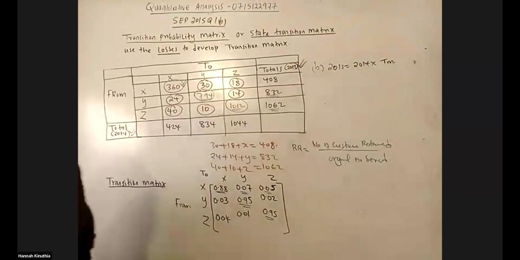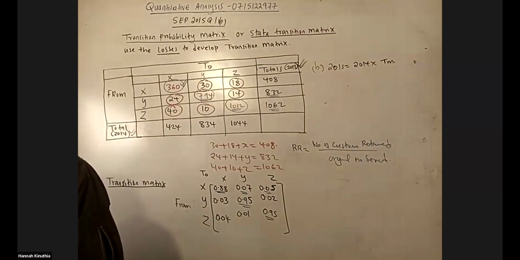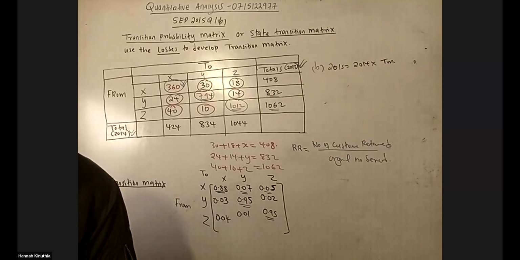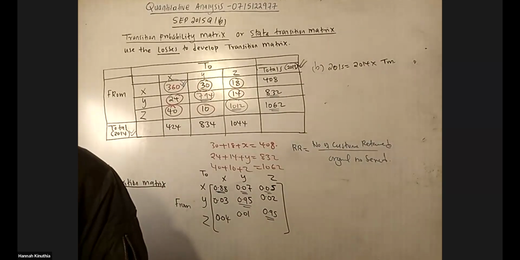Now, what is the rate of 2014? What will be the rate of 2014? Itakuwa ngapi watu wangu? So we also need to compute that one. Nani atatuchanua hapo? How shall we get the rates?